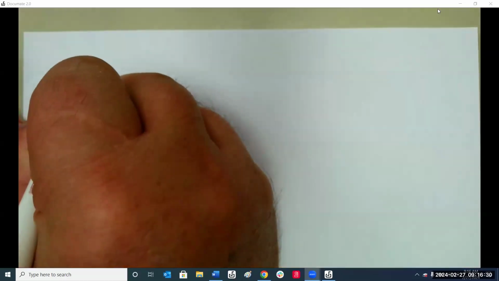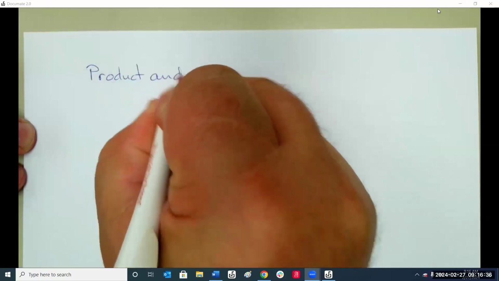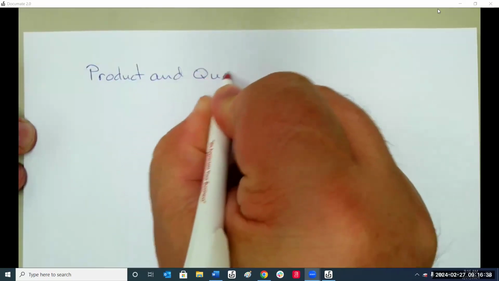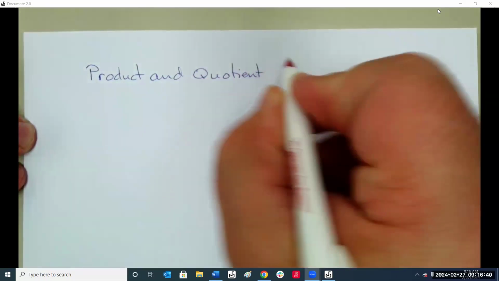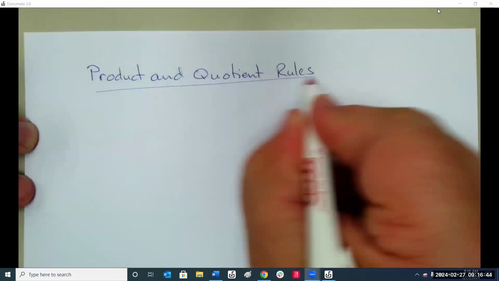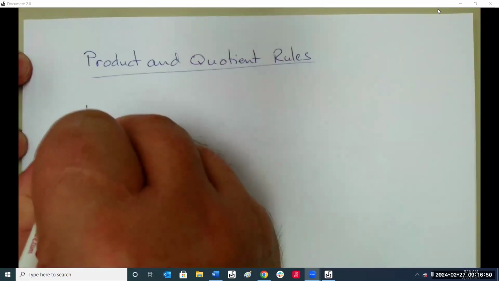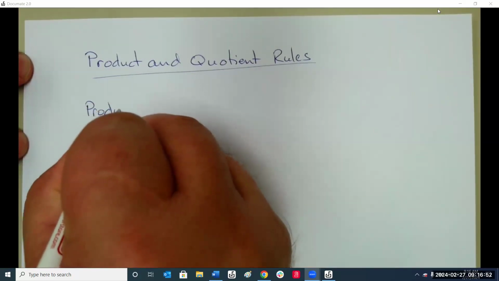Now, the next thing we're going to talk about: the product and quotient rules. Let's look at the product rule first.